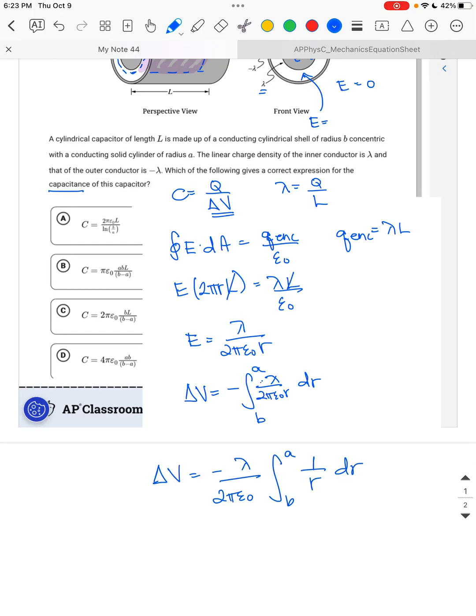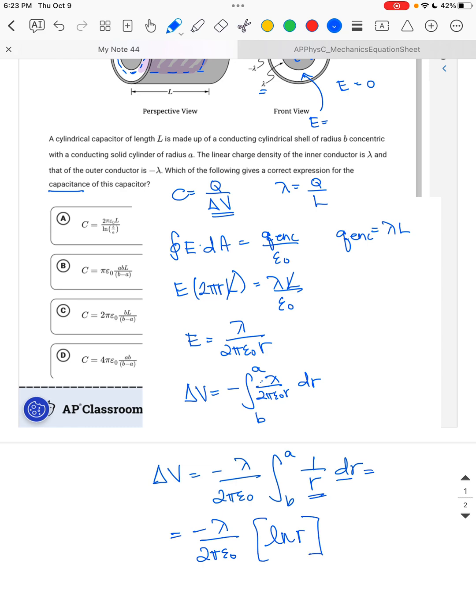So let's go back to our expression. We've got 1 over r as our variable, and we're integrating with respect to dr. If we look on our equation sheet, we know that the answer to that is, I'm going to write out all my constants, ln r.